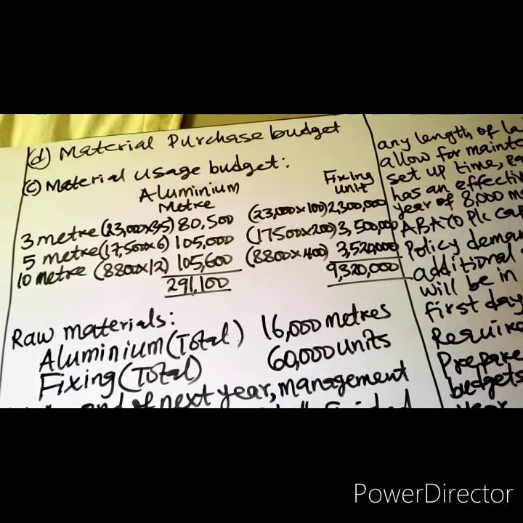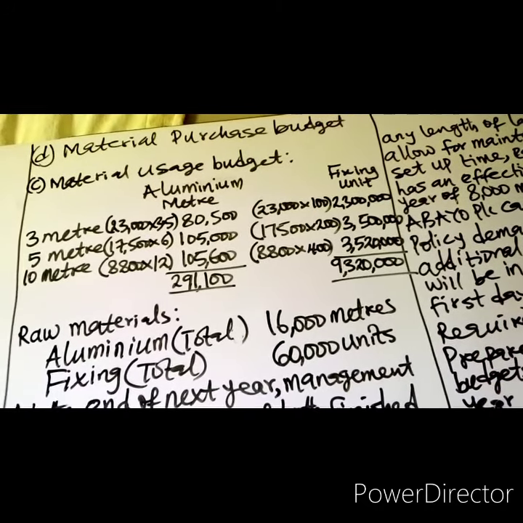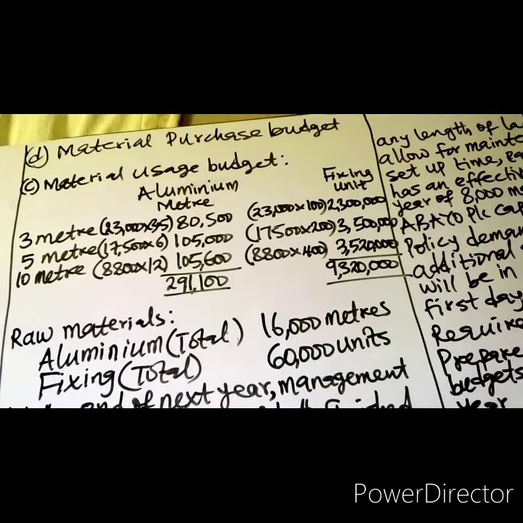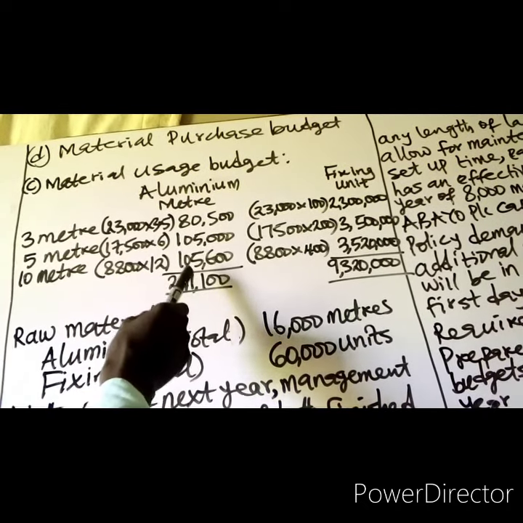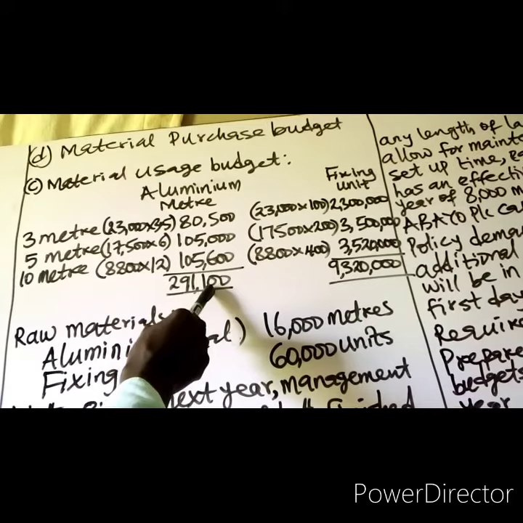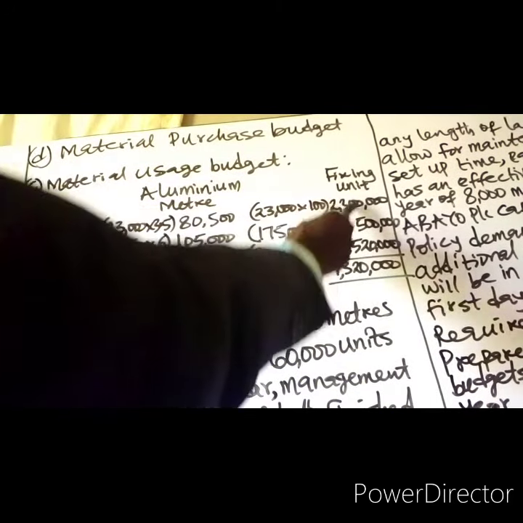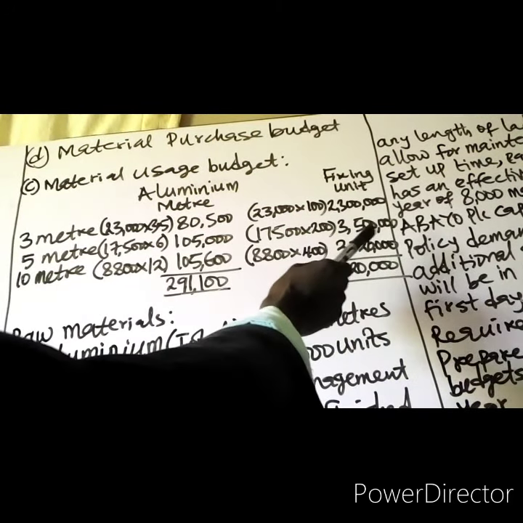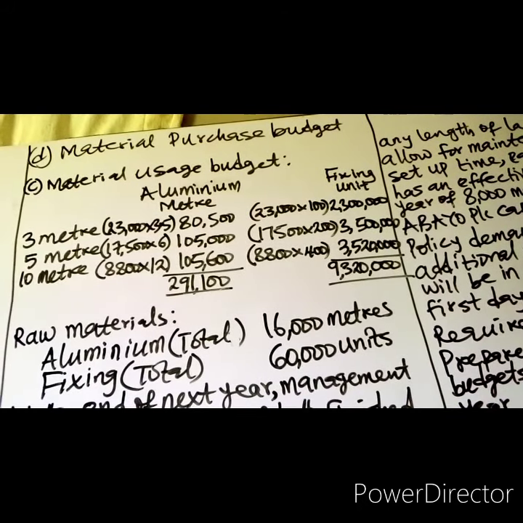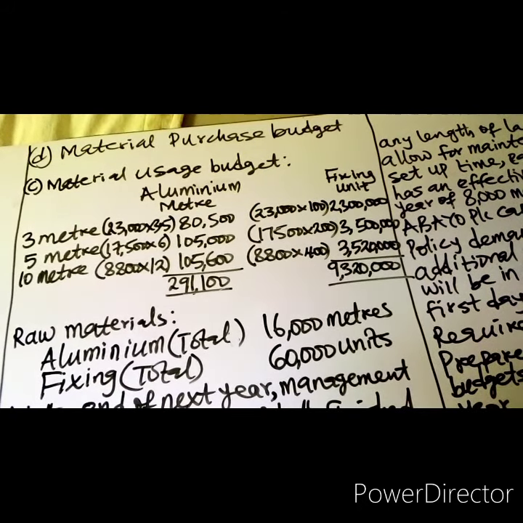I've told you that to prepare the material purchase budget, you have the material usage. You have prepared the material usage: for aluminum 291,100, and for fizzing 9,320,000.